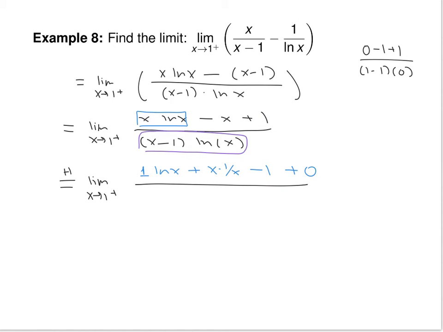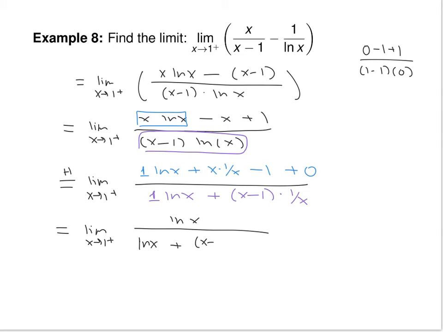Product again. So 1 ln x plus (x minus 1) times 1 over x. I'll simplify a little bit. I think the numerator is just ln of x. Do you agree? And the denominator is ln of x plus (x minus 1) over x.